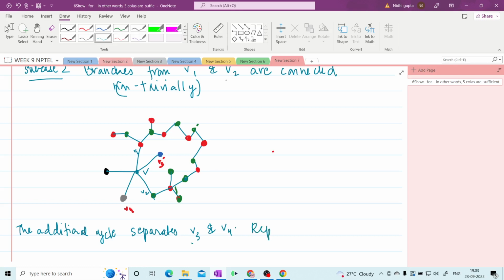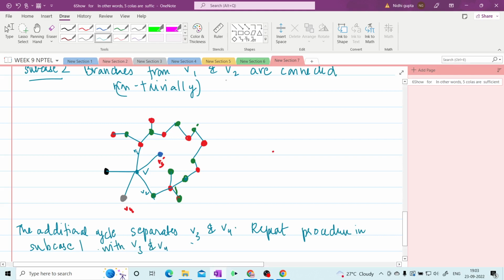So repeat the procedure in subcase 1 with V3 and V4.